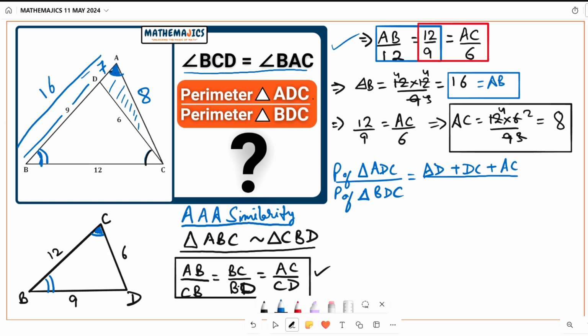And the perimeter of triangle BDC is BD plus BC plus DC. Let's substitute the values. AD is 7, plus DC is 6, plus AC is 8, upon BD is 9, plus BC is 12, plus DC is 6.